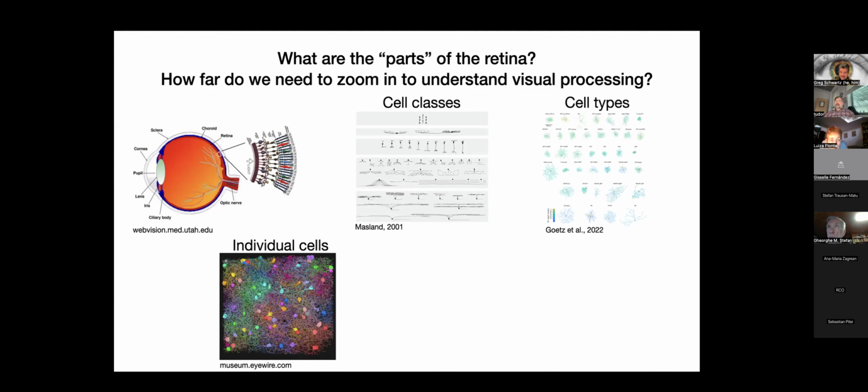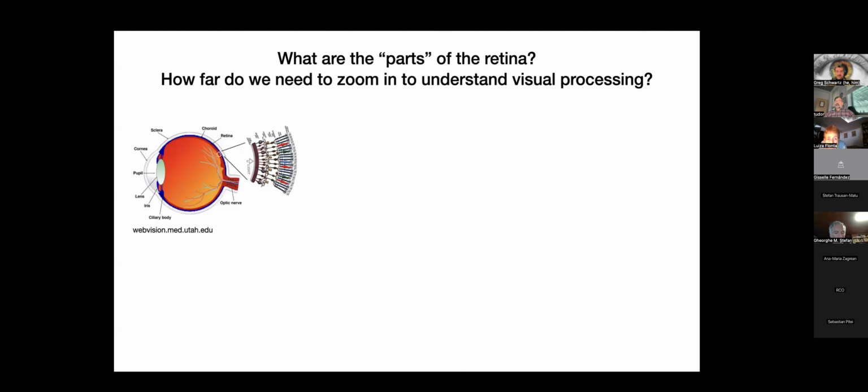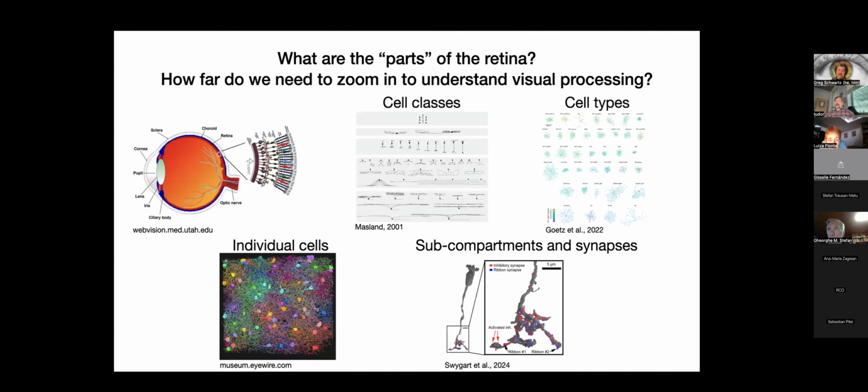But then the question comes down to, if you understand the type, are all the individuals within the type the same? Do we have to start to really look at individual differences in cells and their plasticity or anything like that? And then in the last part of the talk today, I'm going to talk about the other elephant in the room, which is, what if the cells themselves are not the computational units?